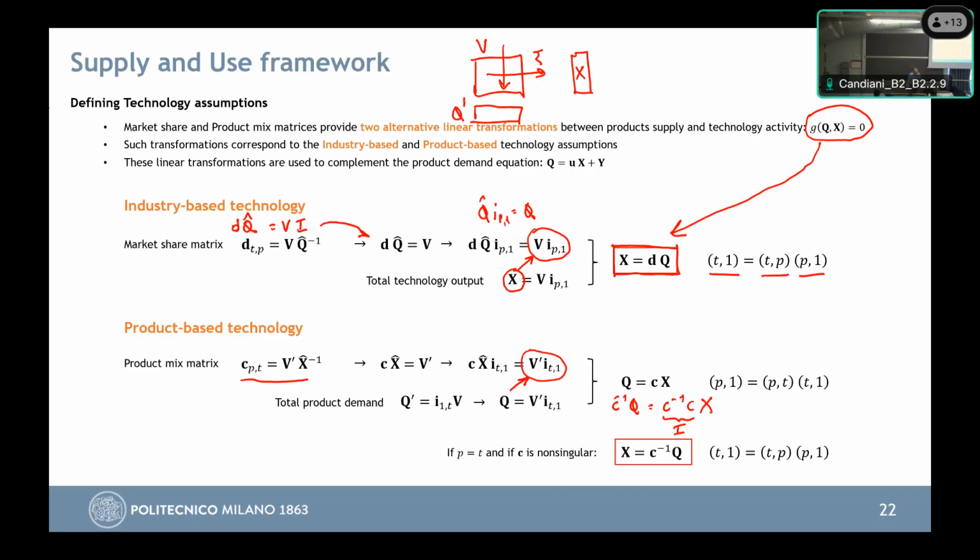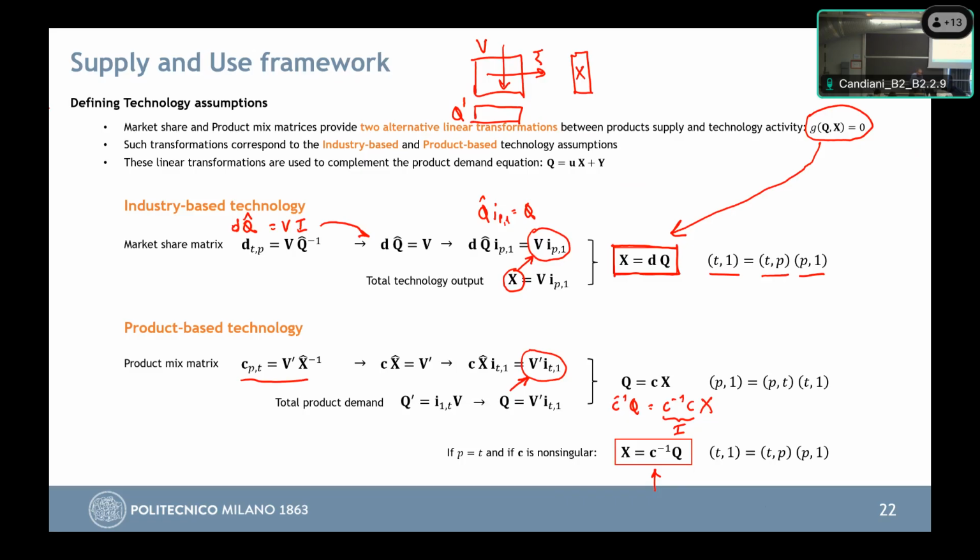This way, I can invert the product mix matrix C. Otherwise, there's no way I can get the inverse of C. This is the mathematical reason why I cannot apply the product-based technology assumption to a non-square system, a system that is composed of more products than technologies.